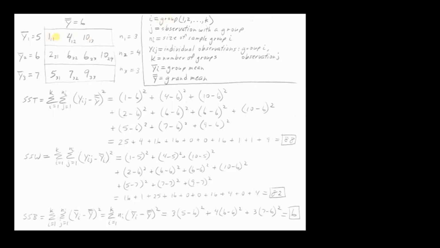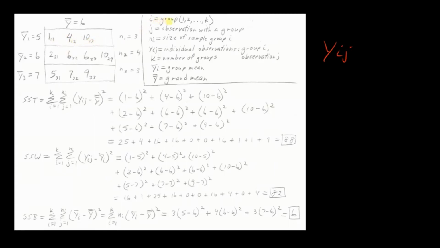Here you can see I. So like that basically, what's going on here is you have your random variable and an I and a J. Okay, so my first observation is 1, and I is 1 and J is 1. And then second observation in the first group, I is 1, J is 2. So I defines the group, and J defines which observation in the group.